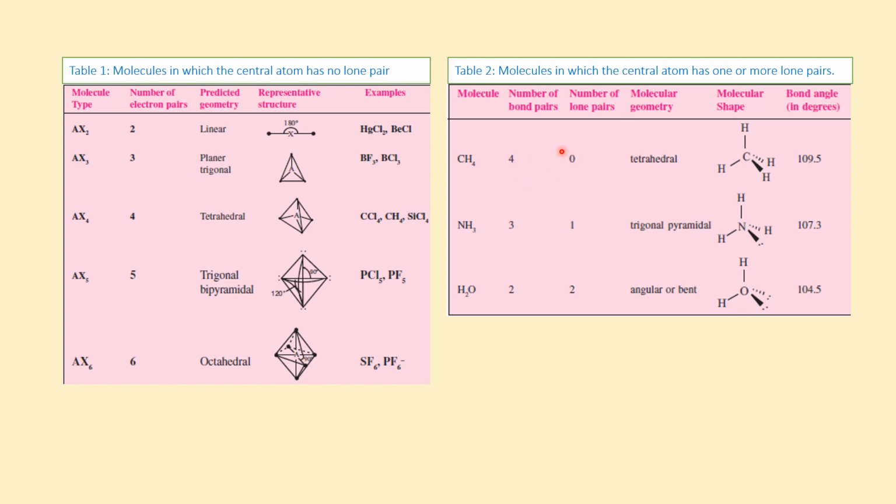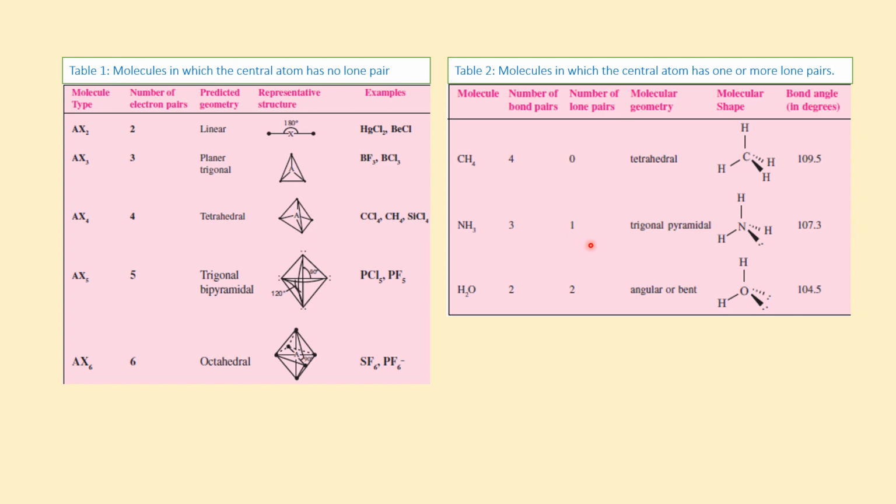Here you see the number of lone pairs is 0, but the structure is tetrahedral. The molecular shape is shown in the figure, which is tetrahedral, and the bond angle is 109.5 degrees.